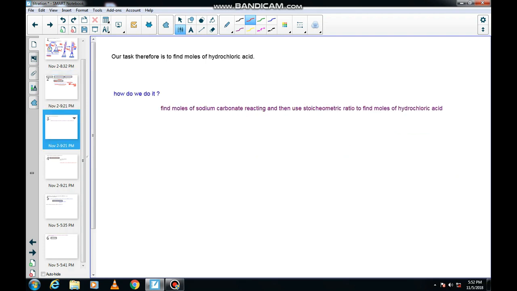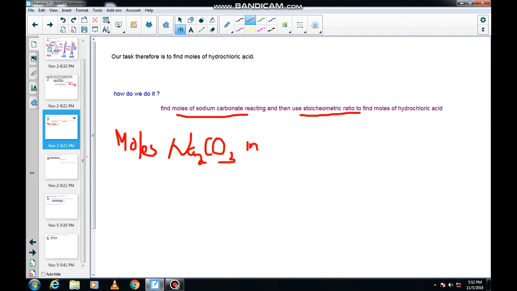How do we find these moles of hydrochloric acid? To find the number of moles of hydrochloric acid, we need to find the number of moles of sodium carbonate, Na2CO3, that is reacting with the acid, and then use the stoichiometric ratio. That is, we need to know the moles of sodium carbonate in the 25 cubic centimeters of solution that was used.